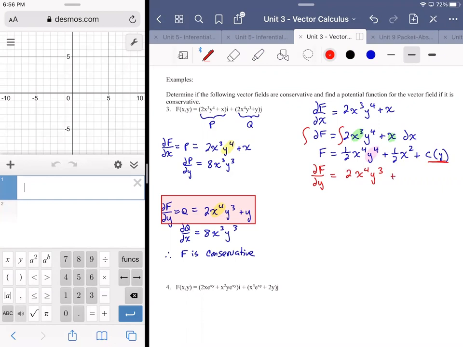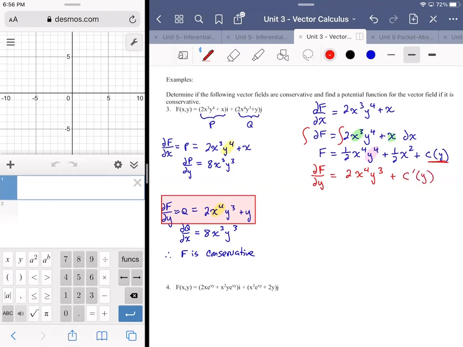And the derivative of c of y, well, it's a constant function of x, but with the derivative with respect to y, the variable of interest is y. So in the context of x, it's a constant function, but in the context of y, it's a function of y. Right? So c prime of y is what that should become.